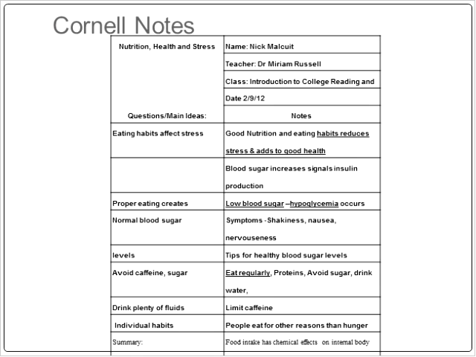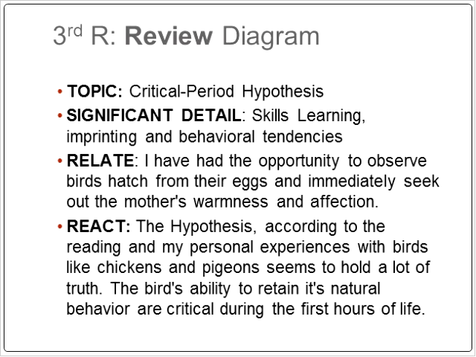And now we're going to move to the third R, which is the review diagram. Now, this diagram is not really a diagram, but it uses these four prompts to fill in after these keywords: topic, significant detail, relate, and react. Here's where you get to own the material.